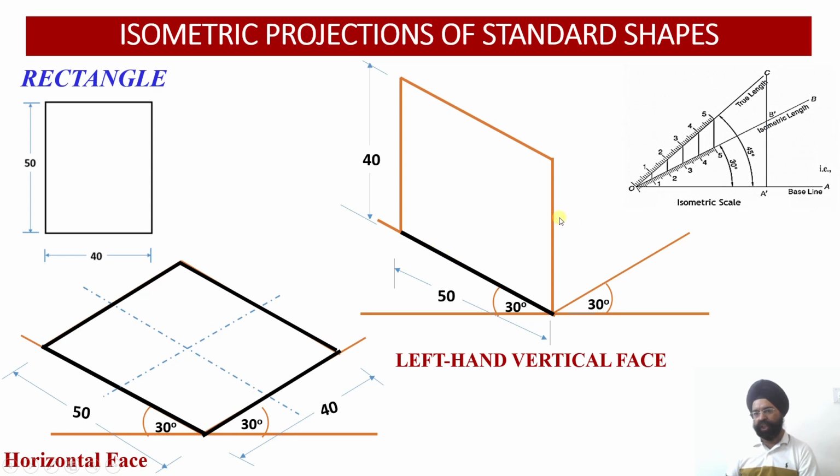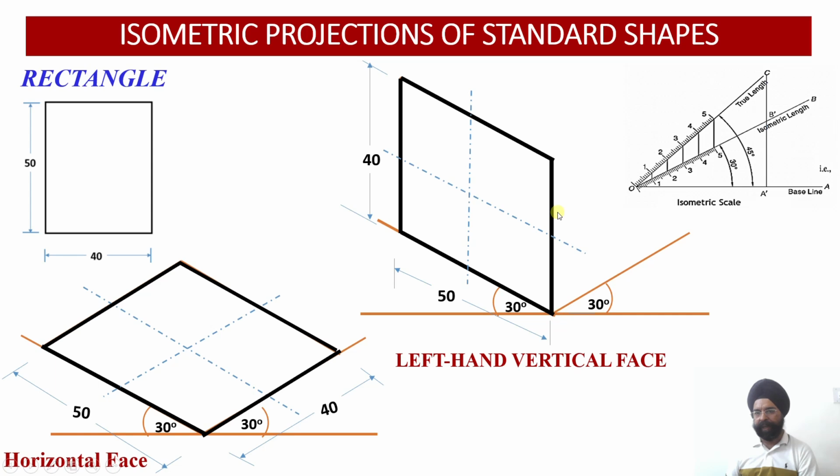Then this edge will be drawn parallel to this one, and this edge parallel to this one, such that the length of this edge is 50, so this will also be 50. The height of this edge is 40, so the height of this edge will also be 40. Now we can join the edges dark and work out the center point.